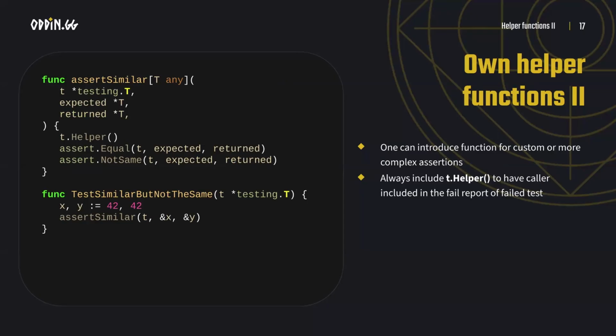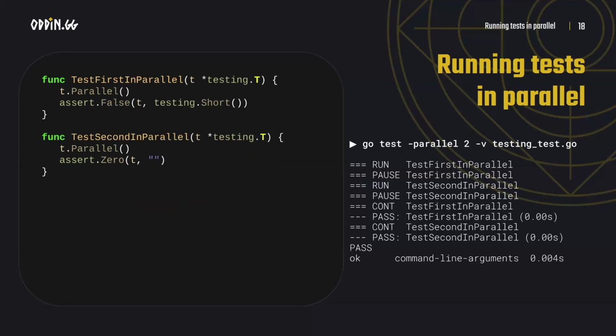You could write yourself a lot of assertion functions. If you do so, this is one example of how you can do it. This is, for example, a similar test to the one from the Testify package. It is testing that the pointers are pointing to the same value, but at different addresses.